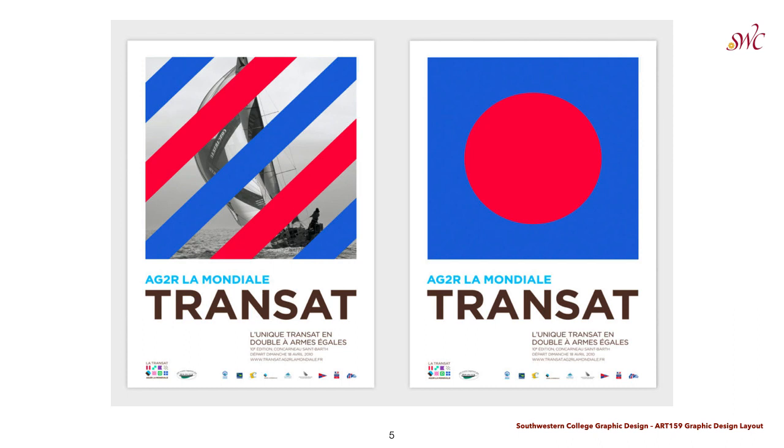And then at the very bottom, we see some of the logos or the supporters of the event, which are also necessary to have on here, but don't have as strong of a priority as some of the other elements on this poster.